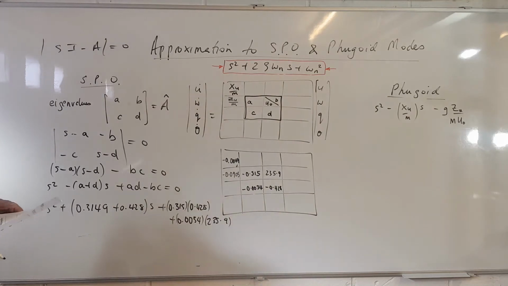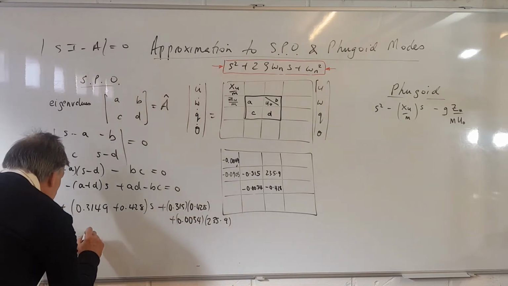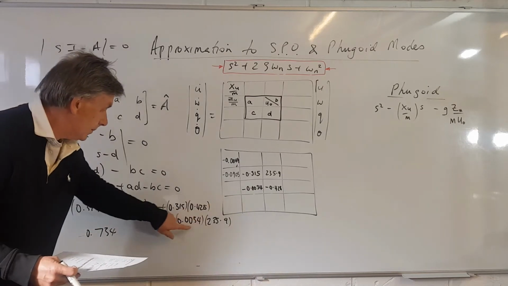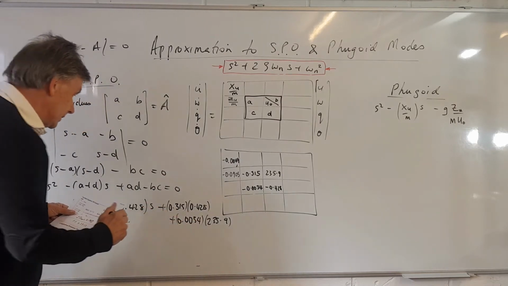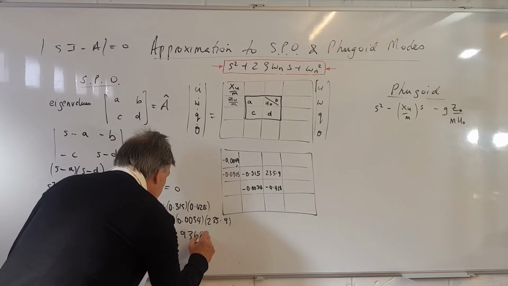We can now work these out. This term comes out as 0.734, and this term, if we work it out, comes out as 0.9369.